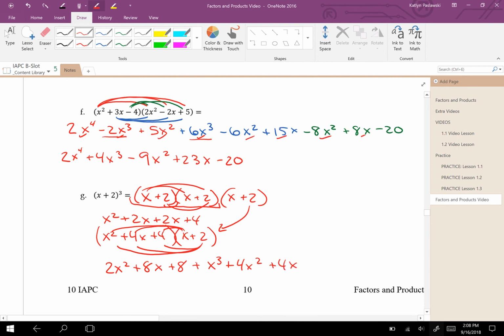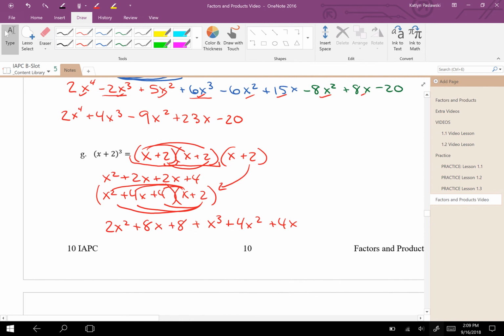Combining these like terms and writing in descending order. There's nothing to combine with x cubed, so we're going to start with that. That one's complete. 4x squared plus 2x squared is positive 6x squared. 8x plus 4x is positive 12x. And a constant of positive 8.